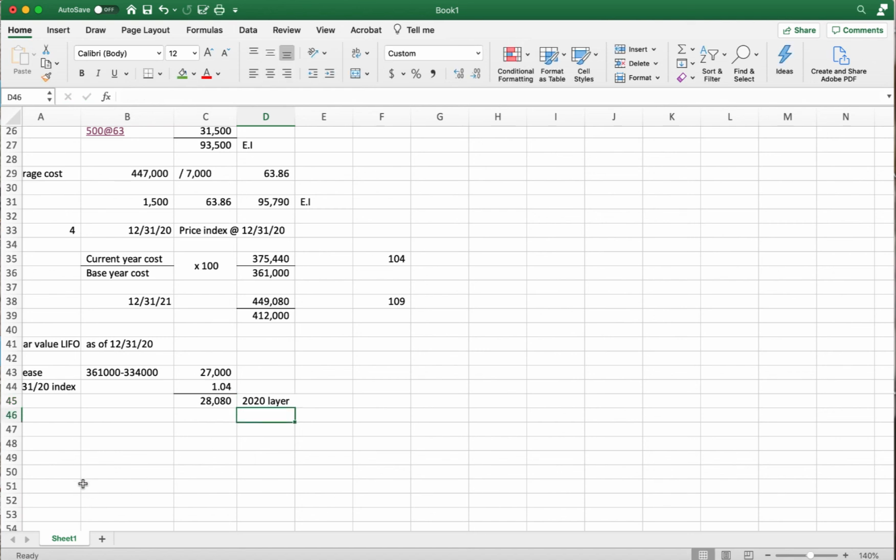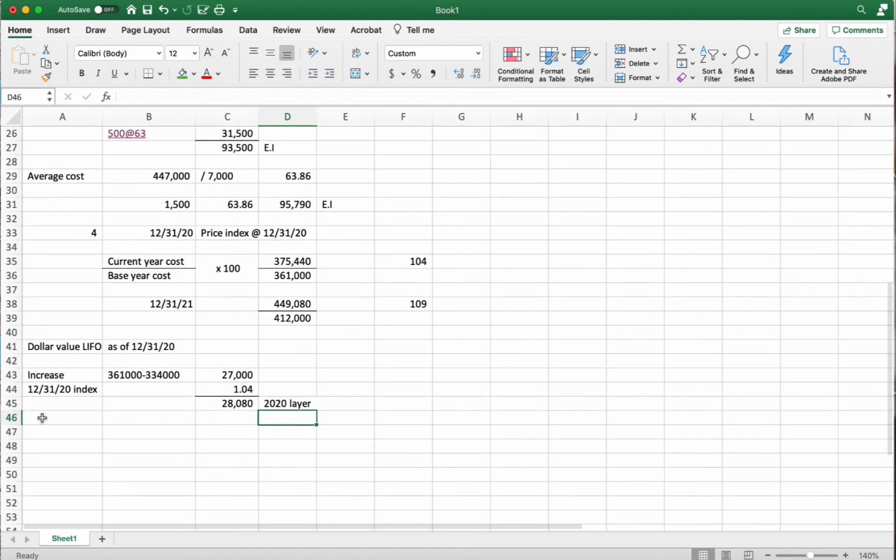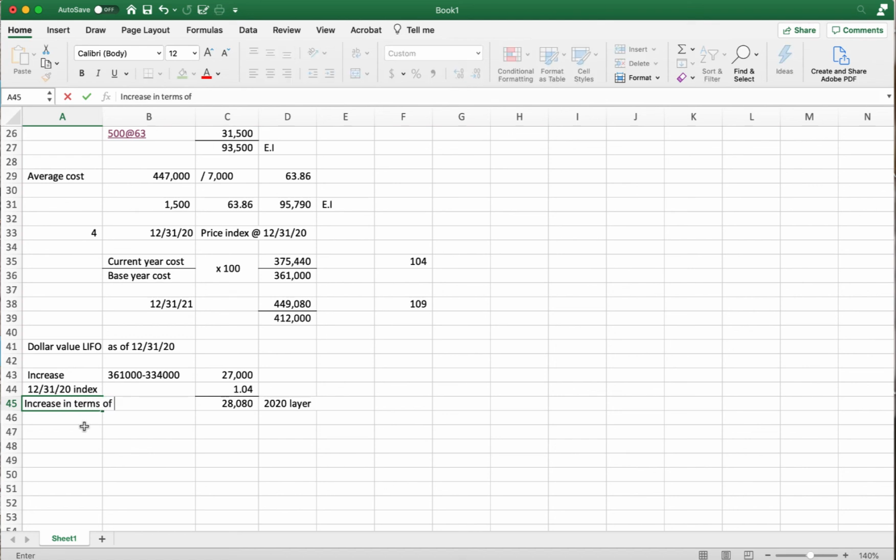Before I go on, this is my increase in terms of 104. Okay, so now what I need to do is take my base inventory, which I already know is $334,000.